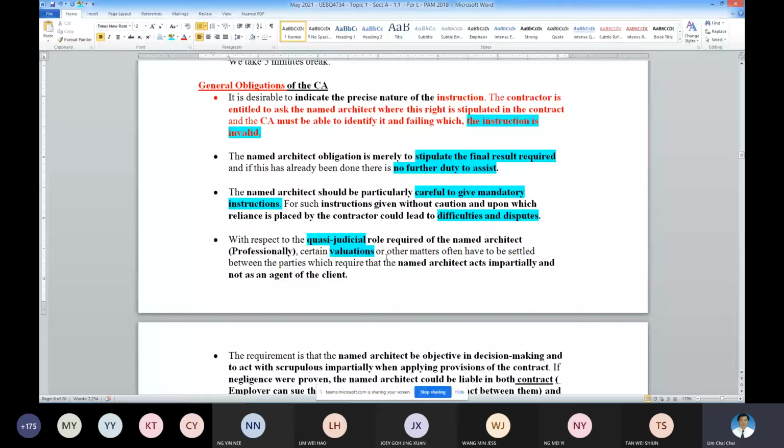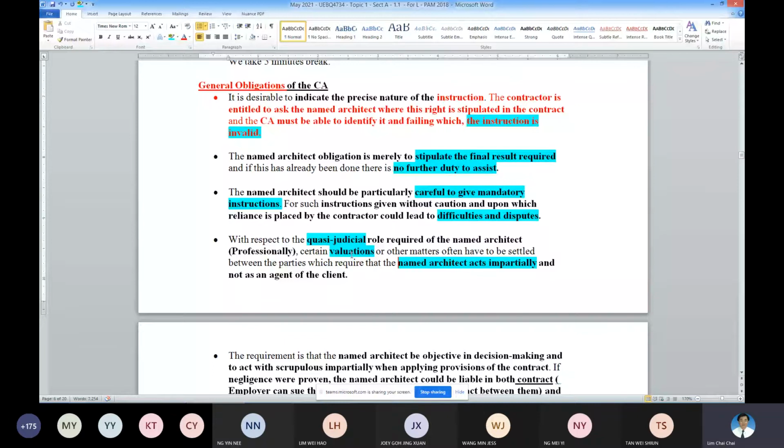This is your obligation. Okay. Professionally in this valuation, the architect must act impartially and not as an agent. Once an agent, you are not impartial. That means you are representing the client. You are not impartial. Okay, agent is representing the client. It's not impartial. In payment, in extension of time valuation, all these things, we must act impartially.